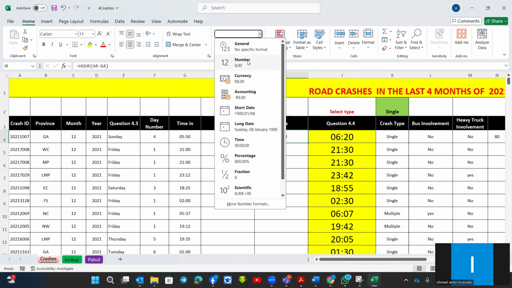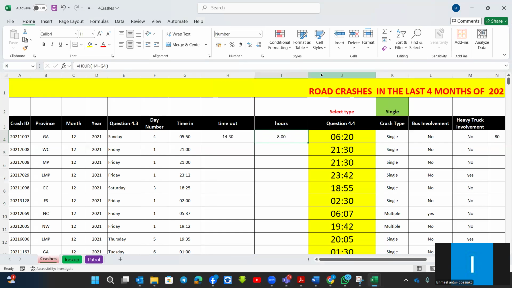Don't forget to change it to number whenever you're calculating hours. Again, you could have solved this one by just saying equal sign, open bracket, the time out minus the time in, close your bracket, times 24. Why 24? Because there are 24 hours per day.